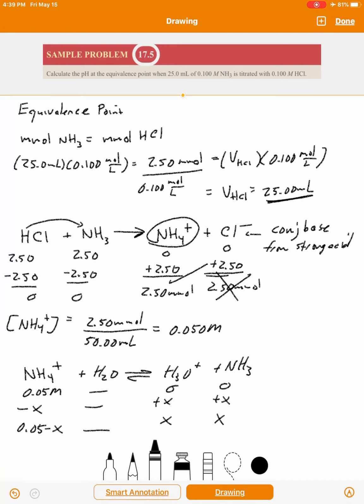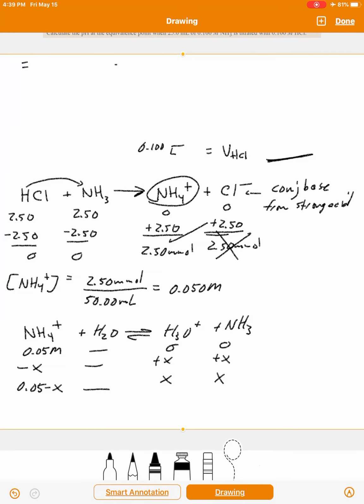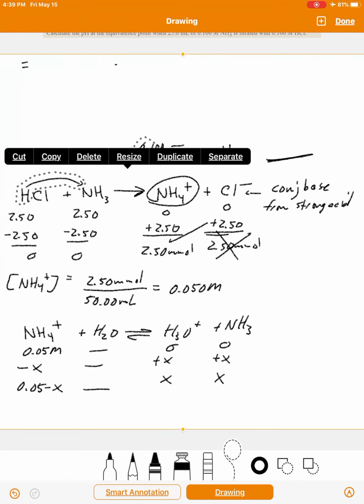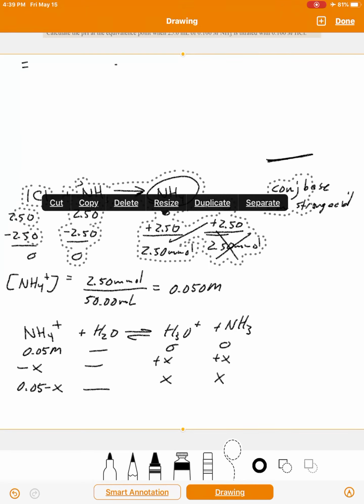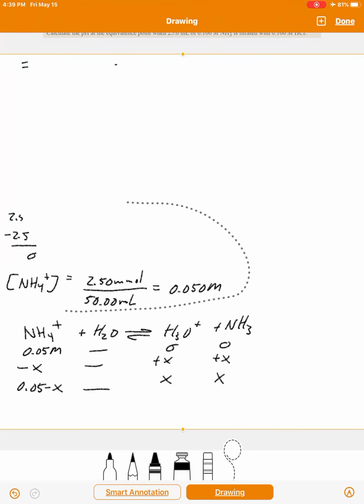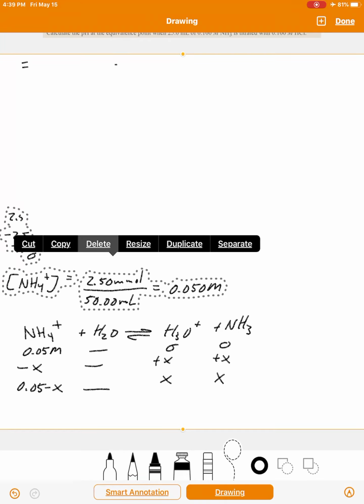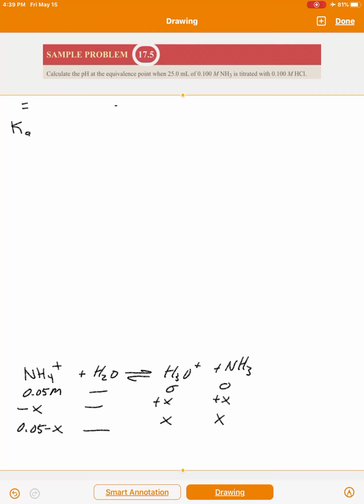So let's come back up. Let's make some room. Again, I have to do this piecemeal sometimes. Okay, so Ka is equal to x squared over 0.05 minus x.